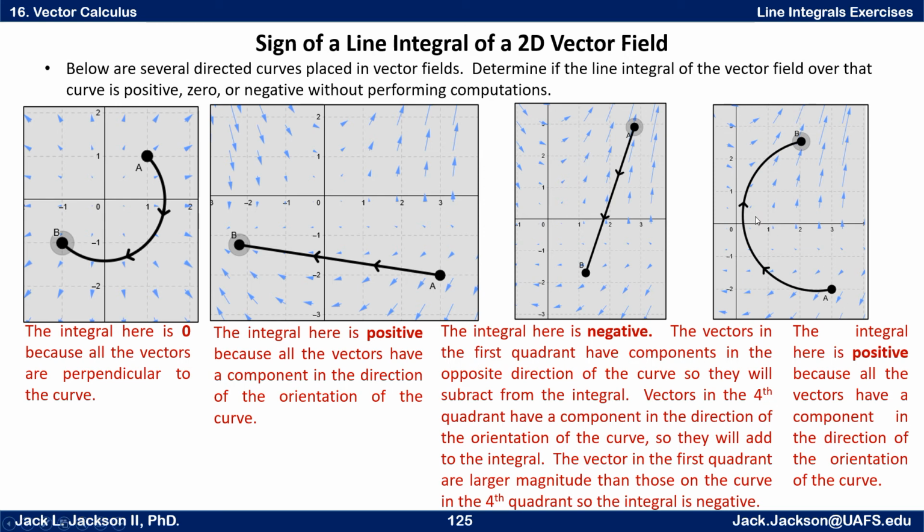The last one is positive. No matter which quadrant you're in, if you look at the vectors, they will have a component going in the direction of the curve. So all of these vectors are going to add something to the integral here, and the same way in the first quadrant as well.